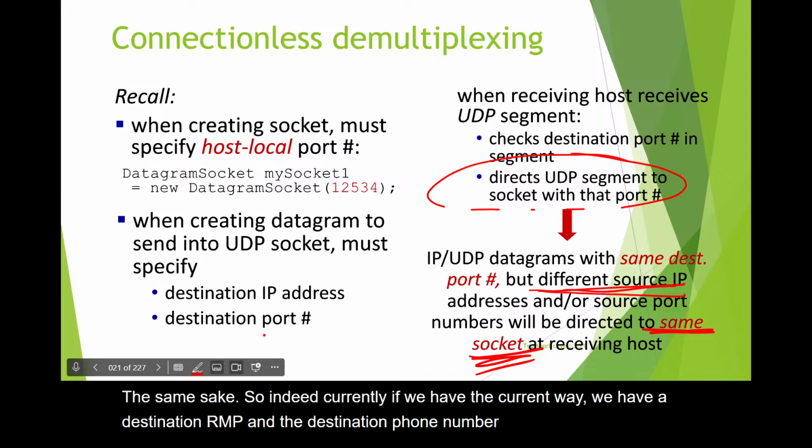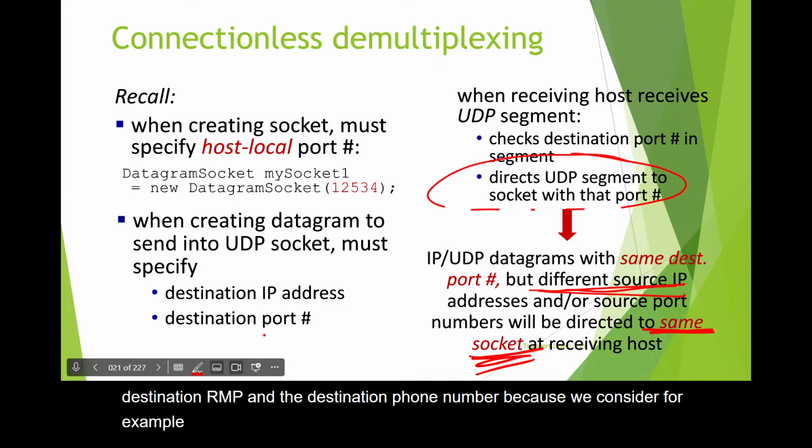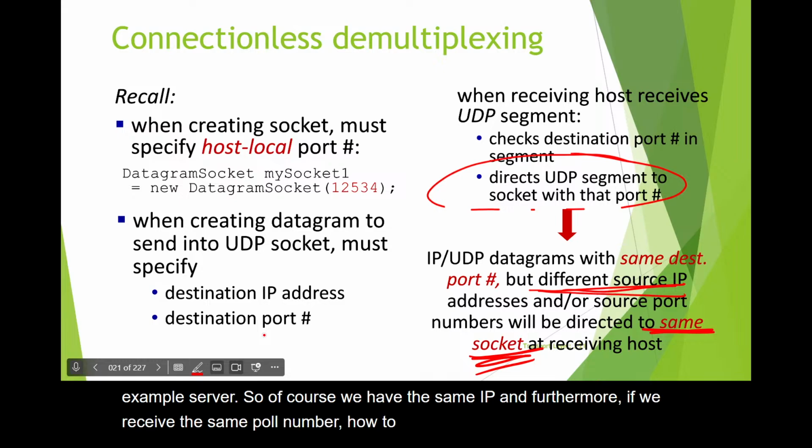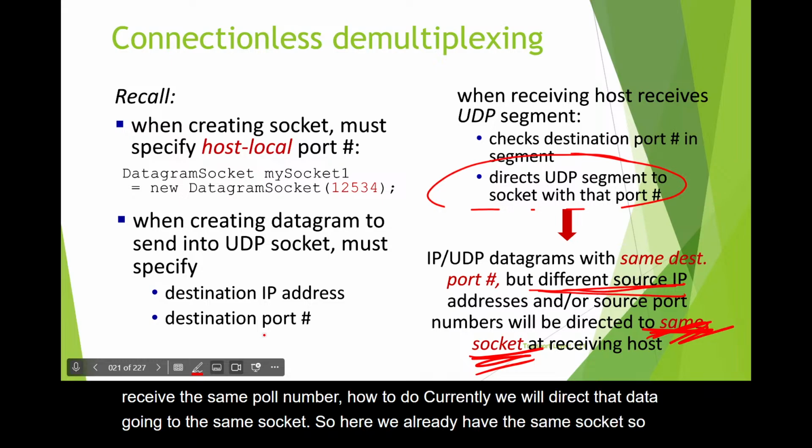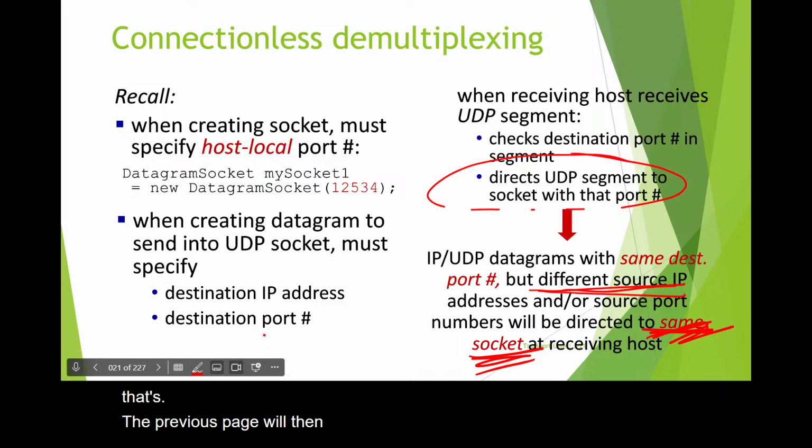Because we consider, for example, a server, of course, we have the same IP. And furthermore, if we receive the same port number, how to do? Currently, we will direct the datagram to the same socket. So here, we already have the same socket. So that's why on the previous page we already have the question mark first.